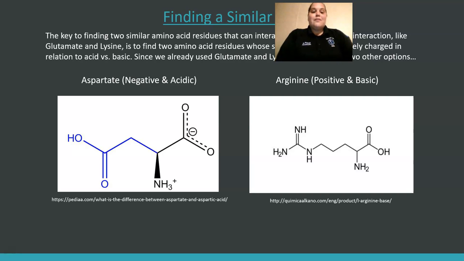In replacement of glutamate, we'd use aspartate because it's negative and acidic, and in replacement of lysine, we would use arginine because it's positive and basic. And using these two pairs, we could, in theory, create another electrostatic interaction.